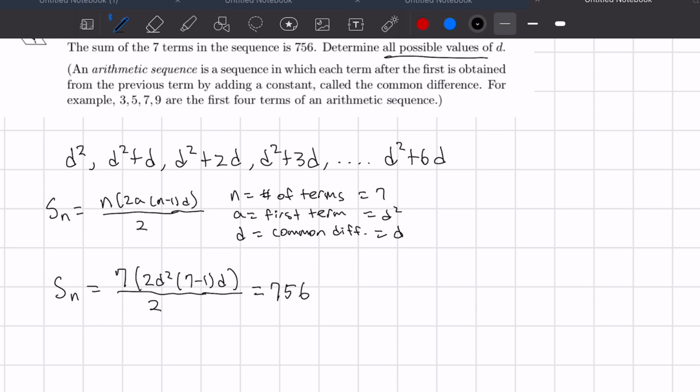So if we simplify the numerator first, it would be 7 times 2d squared plus, I forgot the plus sign here, plus 6d, over 2 equals 756.